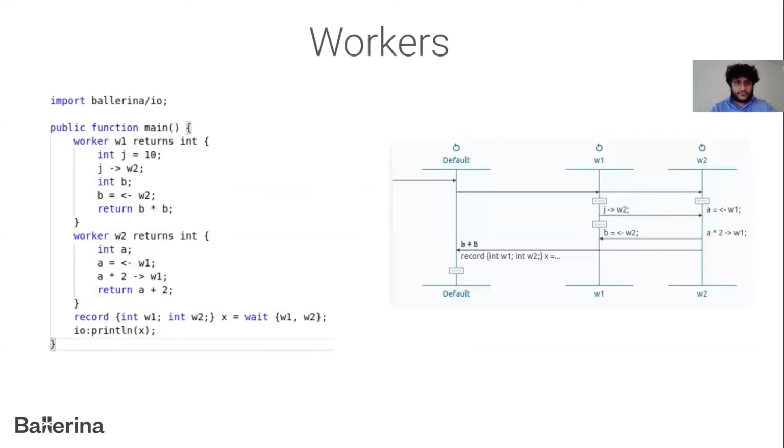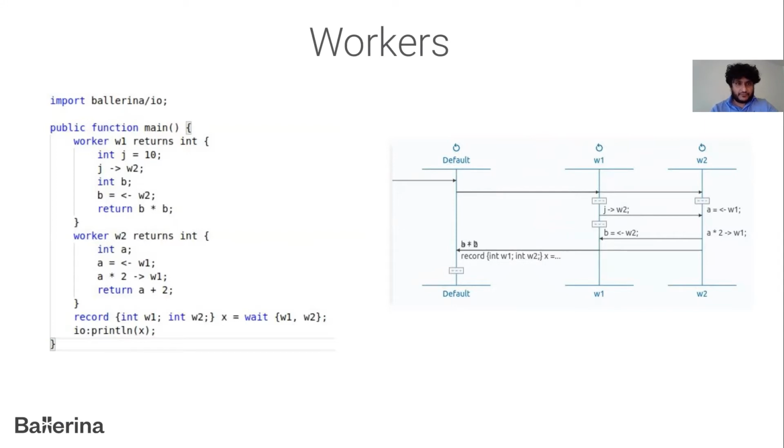And we'll quickly go through some other prominent features of the language as well. Starting from concurrency. In Ballerina, we have a unique concurrency model based on something called strands. A strand is like a lightweight thread construct in Ballerina, and a worker is basically the realization of a strand.